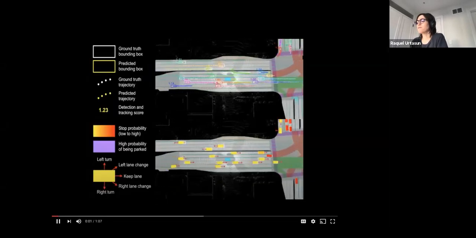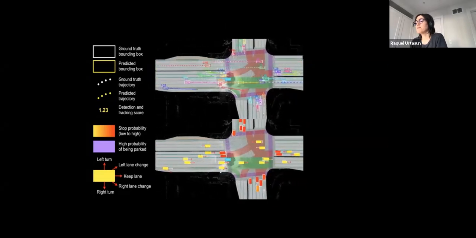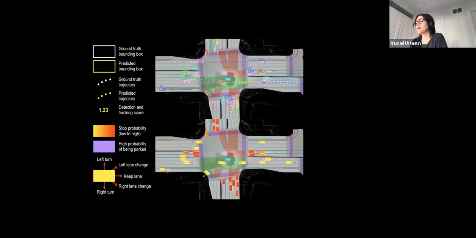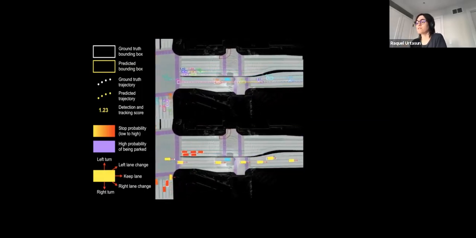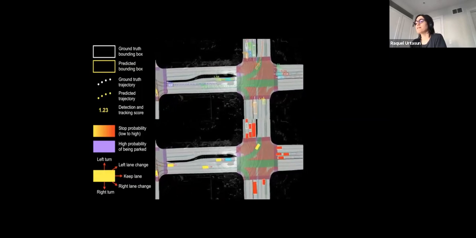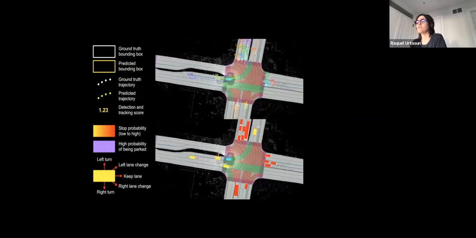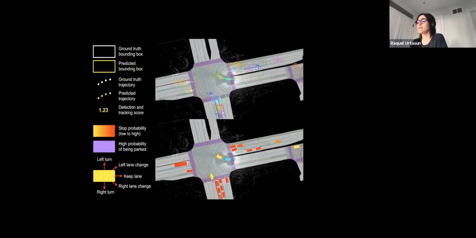The outputs of the network are split into 2 visualizations. On the top, we can see the same output as in Fast and Furious. And in the bottom, we show the high-level action predictions, which provide a more interpretable way to see the driver's intention than just future trajectories, and which are actually very useful for motion planning.